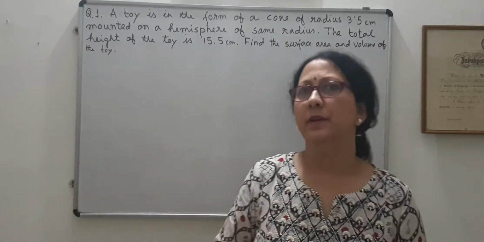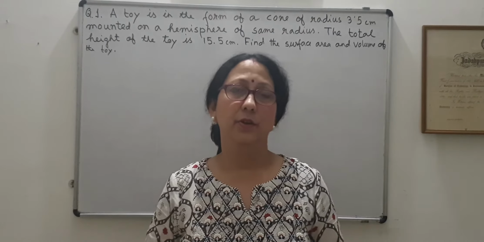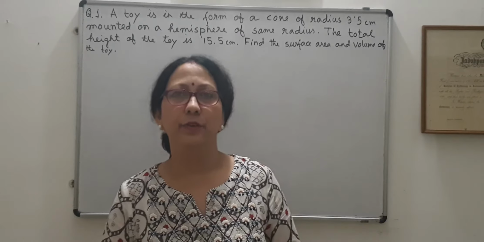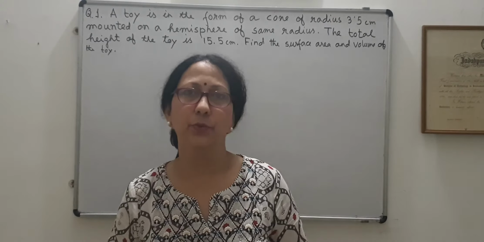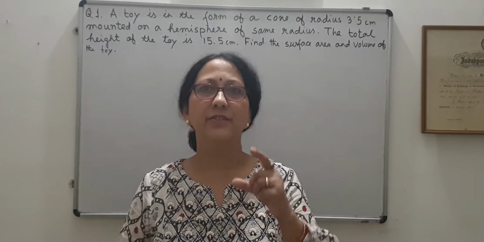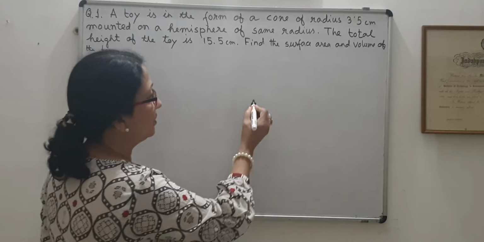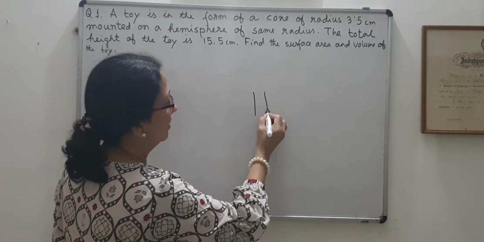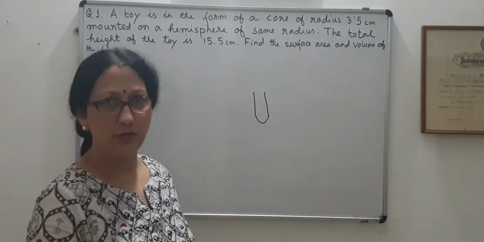So in reality, we come across many solid objects which we use in real life, which are combinations of those basic solids that I have shown you. For example, the test tubes you are using in your chemistry lab are a combination of a hollow cylinder and a hollow hemisphere.